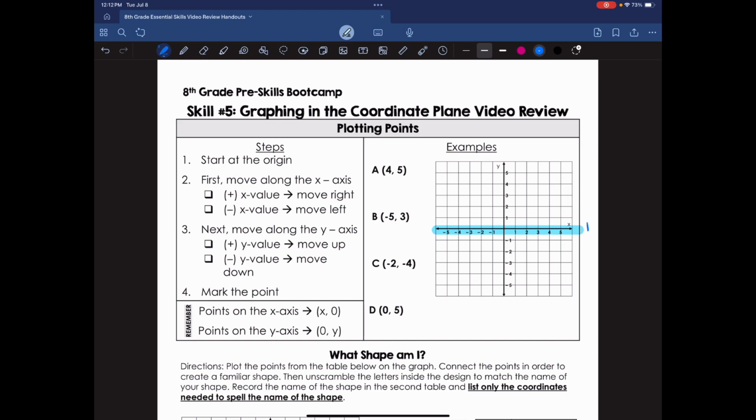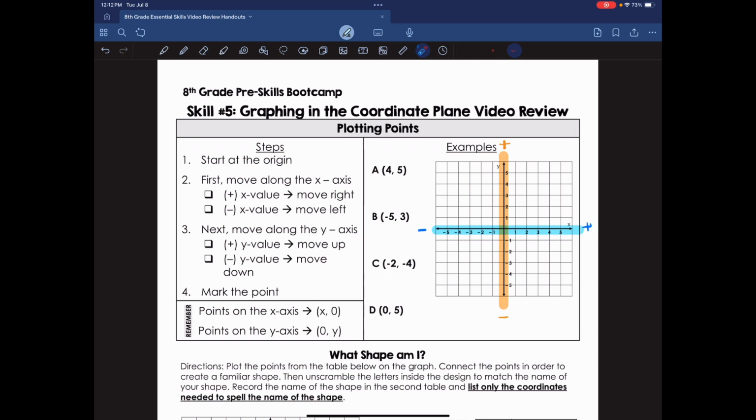So this is my positive side, this is my negative side of my x-axis, and then I'm doing the same thing for my y-axis. We used orange, and I'm labeling that the positive side is above the origin and the negative side is below. All right, we're going to walk through our steps here for plotting points, and then we'll go through some examples.